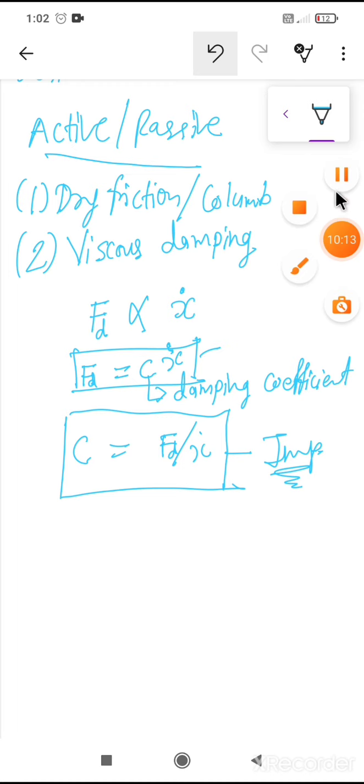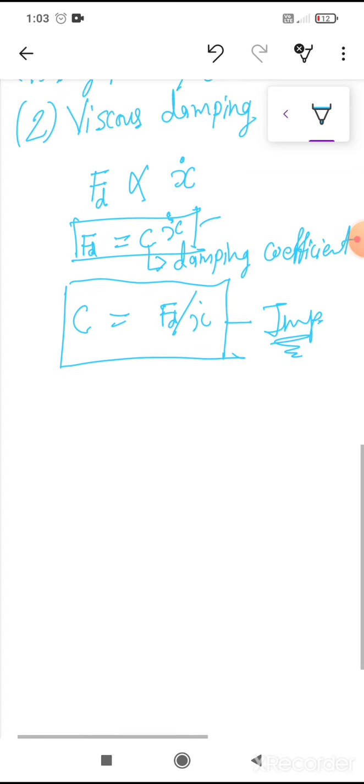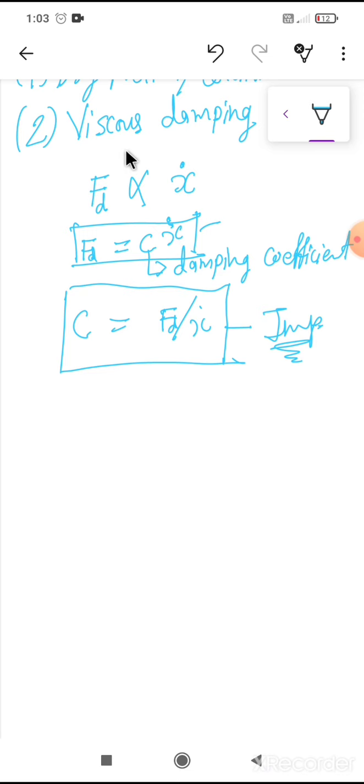Now we will take an example of a fluid dashpot to understand viscous damping. This is an example of viscous damping, but do not consider that this is the only damping. So let's consider a fluid dashpot. Let me draw a piston cylinder arrangement.